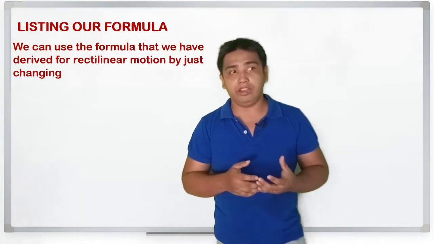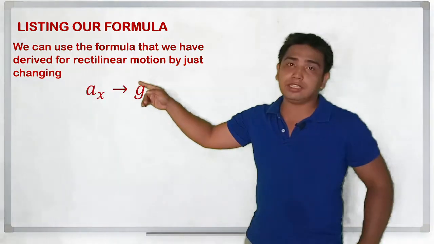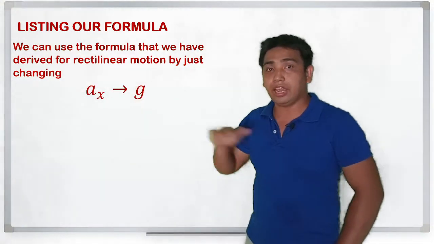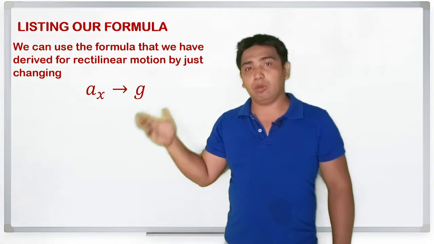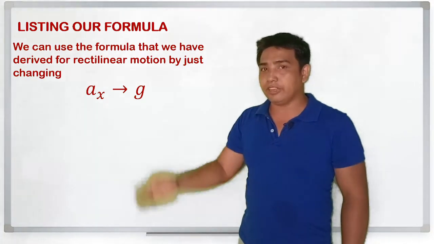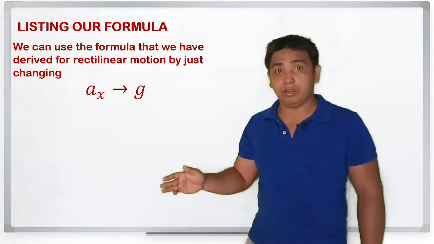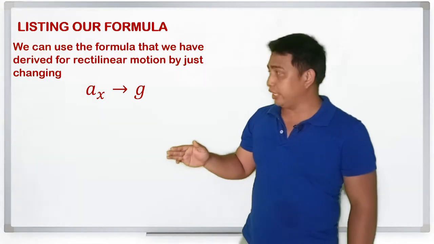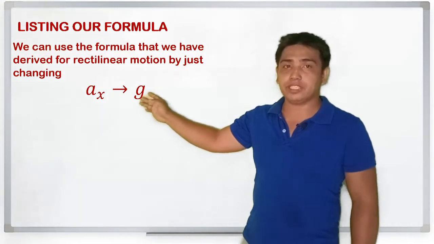In rectilinear motion, ax is the acceleration in the x-axis. But right now we are dealing with vertical acceleration, which is given by the earth, so we are using g in place of ax.